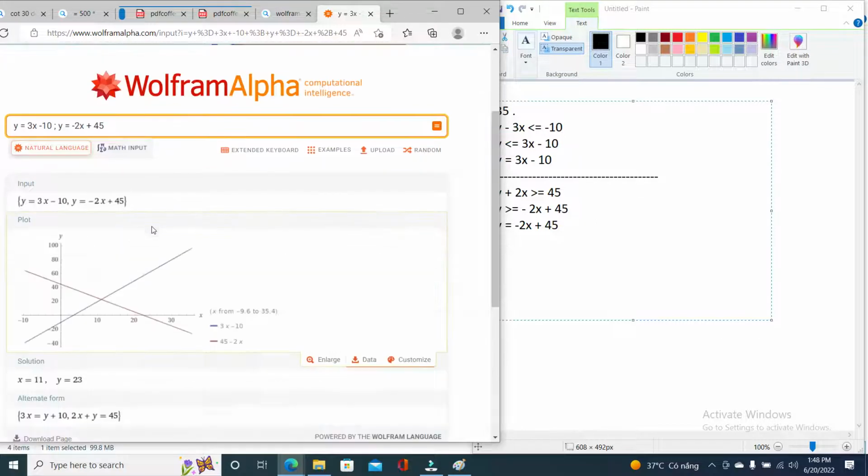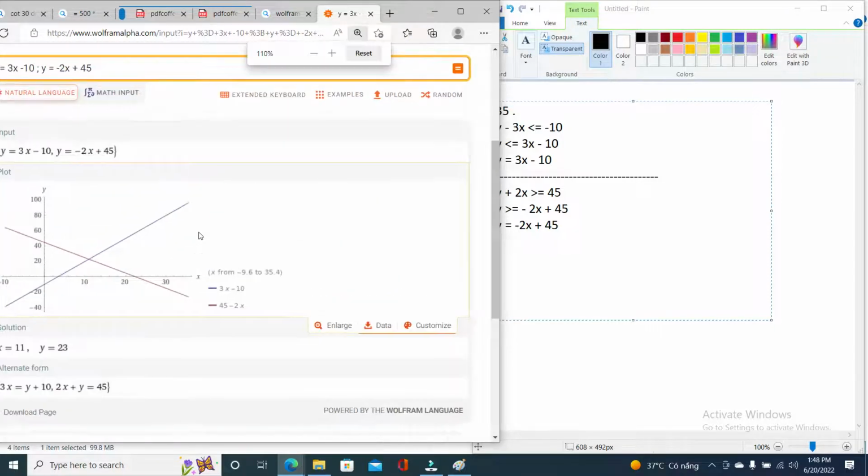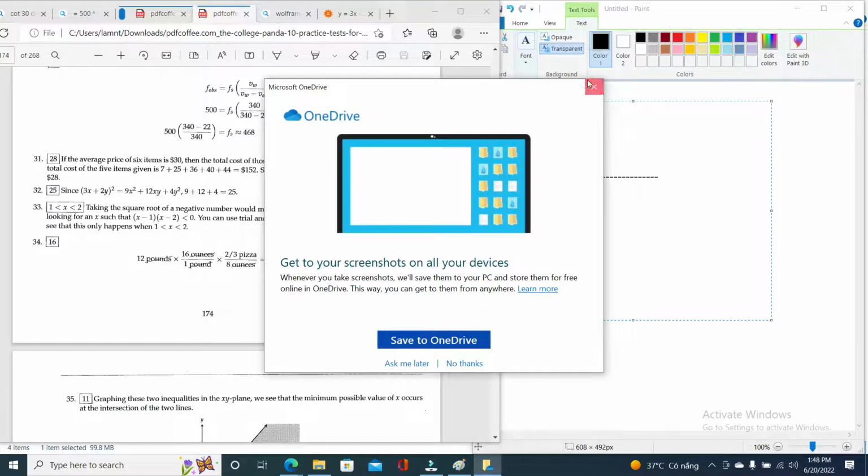So this is the picture of the two intersecting lines.